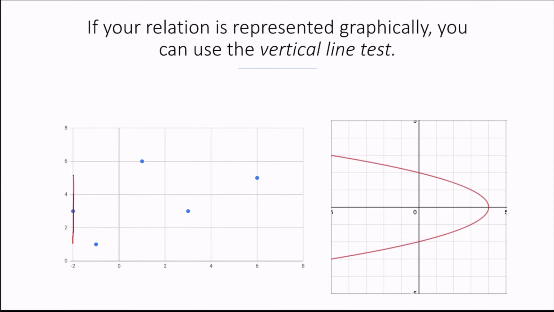So here I can draw a series of vertical lines through all of these points, and they only hit one point on the relation. So this passes the vertical line test and it is a function.